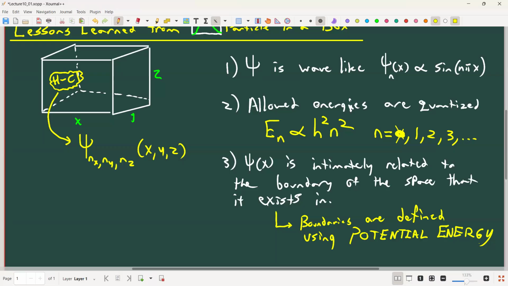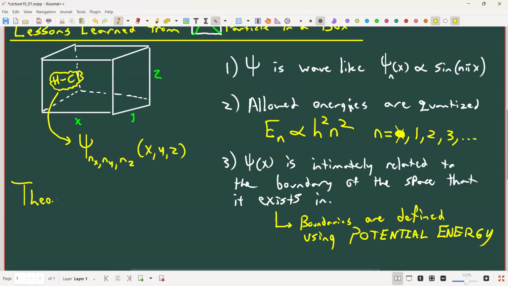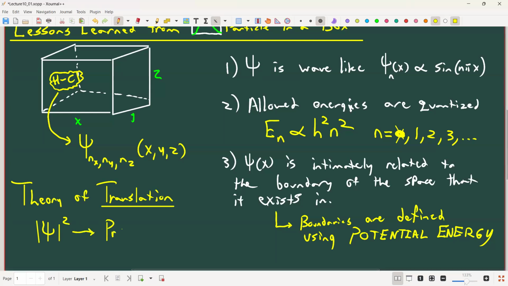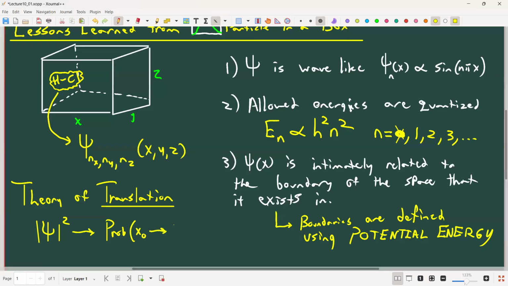So we say that the particle in the box is a theory of what we call translation. The idea is that psi squared gives you some information about the probability that something at x0 ends up at some other position, x final.